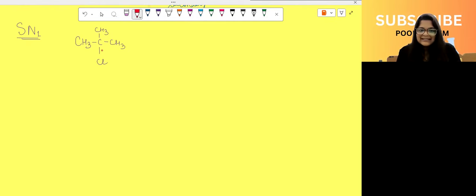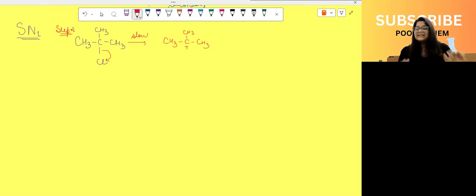Right? Since this is a polar bond, what will happen? It is going to dissociate and form a carbocation. This is the slow step, step number 1. So whenever you get a tertiary halogenoalkane, the very first step it undergoes is that it dissociates and forms a carbocation.